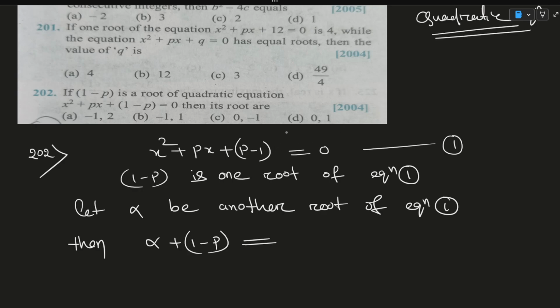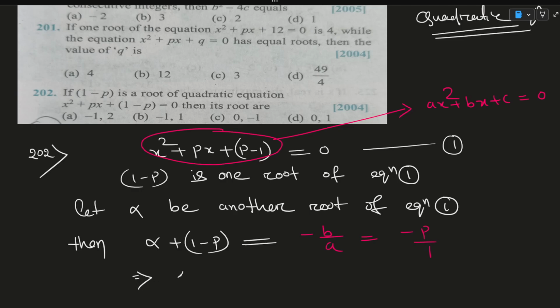If I compare this equation to ax square plus bx plus c equal to 0, then here we are given p in place of b and 1 in place of a. So the sum of two roots of a quadratic equation is minus b by a. Here it is minus p by 1.